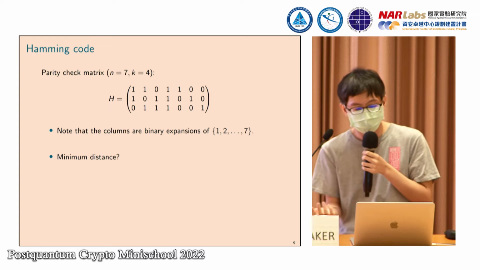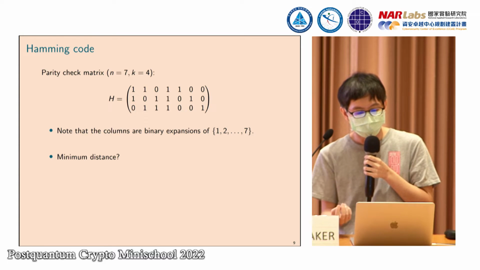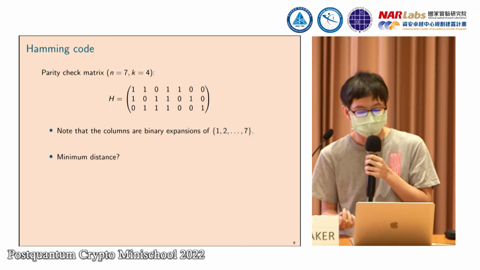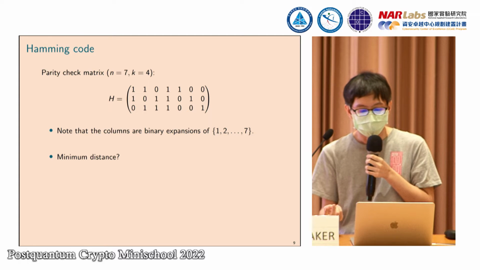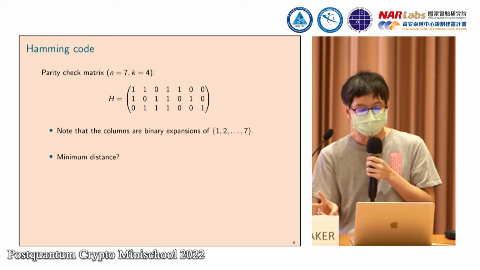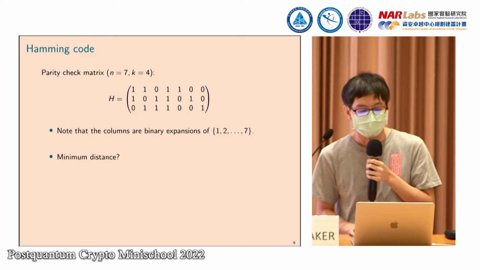And then you consider 2. Apparently if you pick any 2 columns in this parity check matrix, they are going to be different. So you cannot have a weight 2 code word that, when multiplied by H, becomes 0.